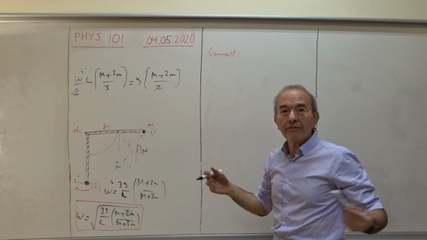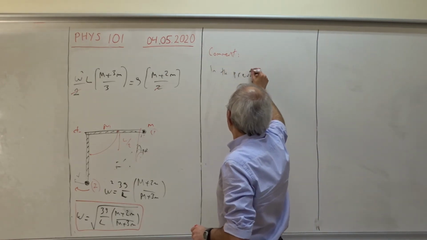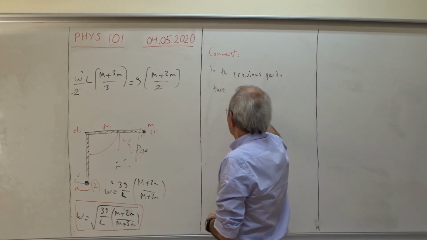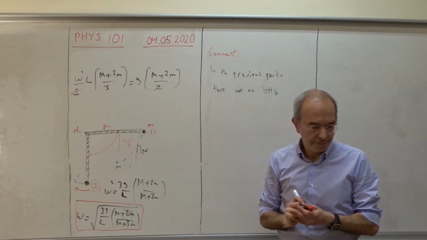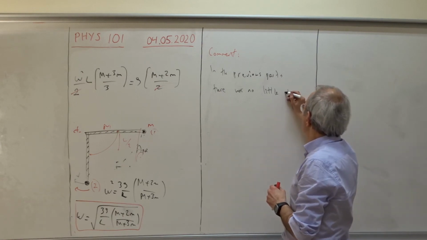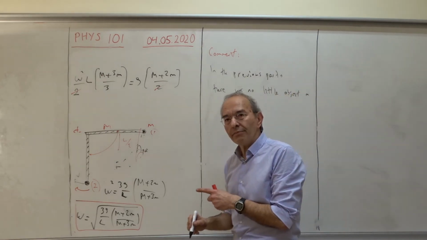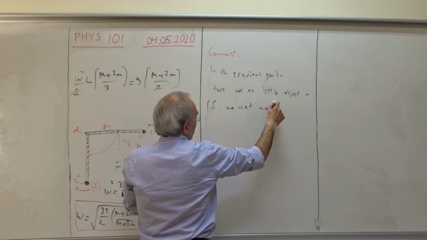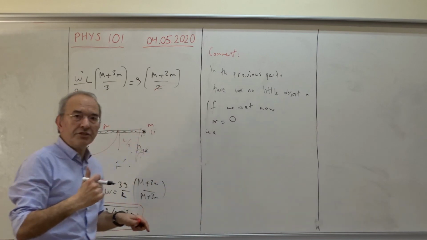In the previous parts, there was no little object. So if you set little m equals 0, if we set now m is equal to 0, we should get the previous result for omega.